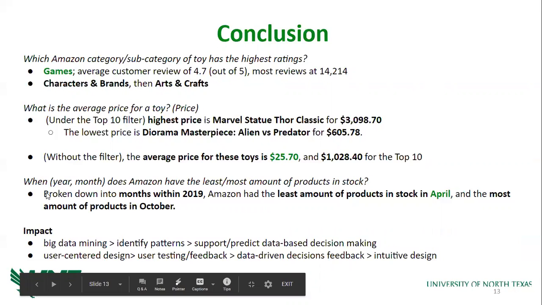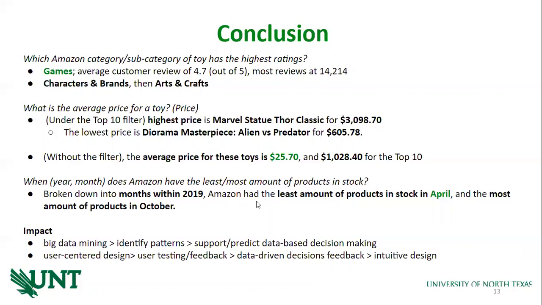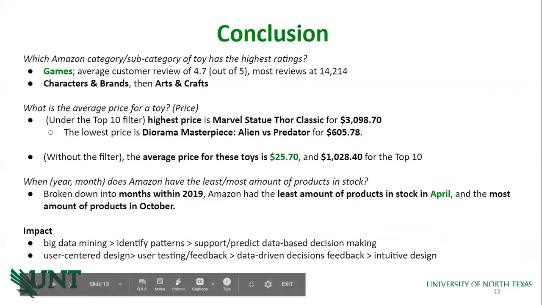And when do we have the least and most amount of product? This is obviously important for knowing when to evaluate our stock, order more before the Christmas season, and so on. We did find that April was our lowest amount and October was our highest. So in April, we probably need to think about ordering more.